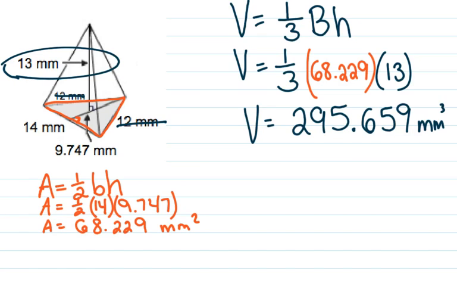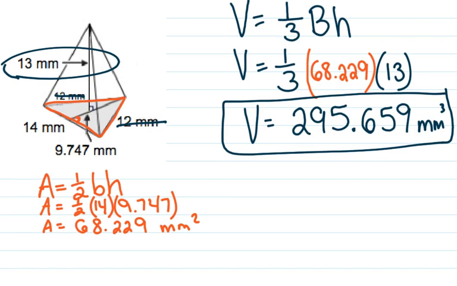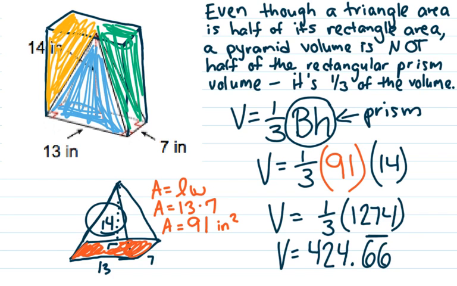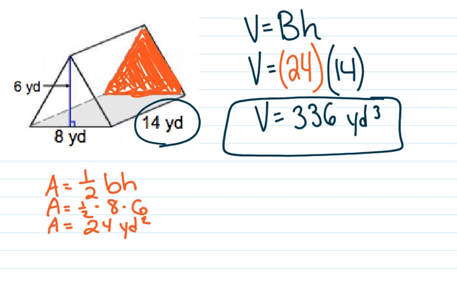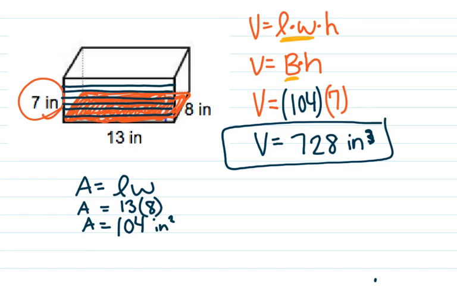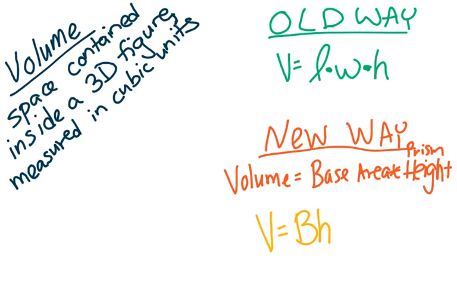Millimeters cubed. And there you have it. The volume of a triangular pyramid, a rectangular pyramid, a triangular prism lying down, and your old standard, the rectangular prism. I hope that this helps.